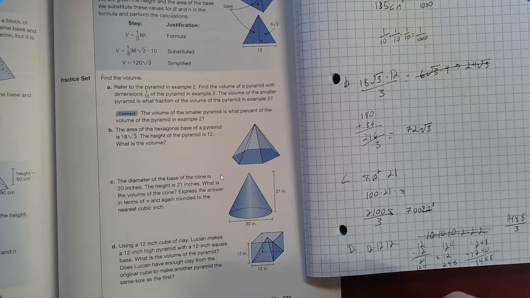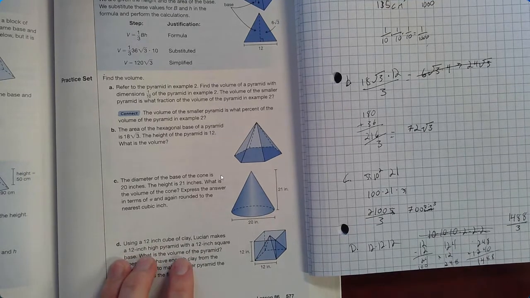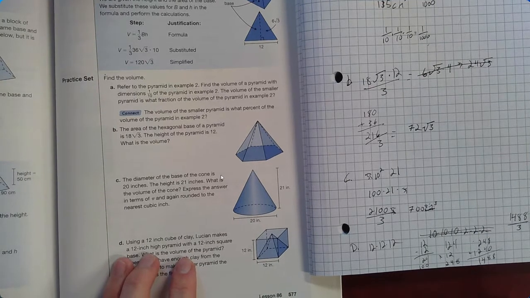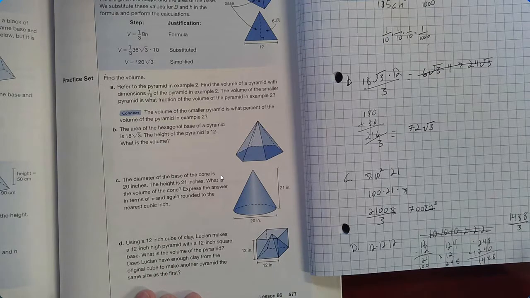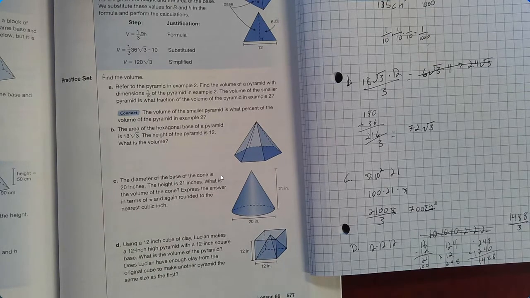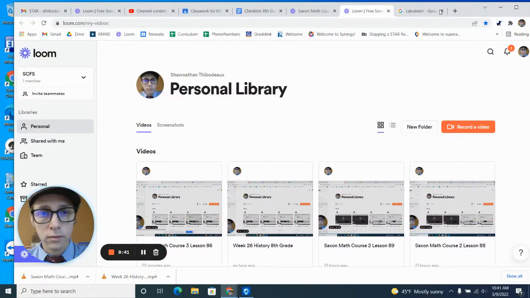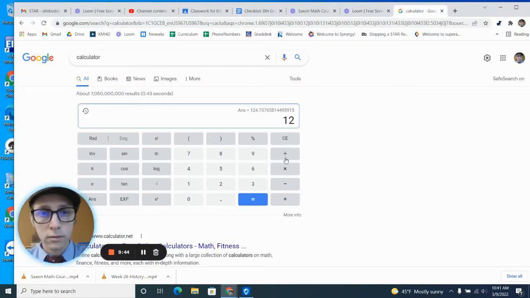The book says something different, and then somebody else has something written in here. 12 times 12 times 12. What did I mess up? 496 seems right. Why is the book saying 576? All right, we'll just jump to the calculator. Maybe I messed up. 12 times 12 times 12 is 1728.